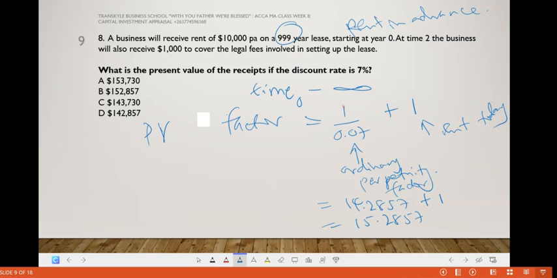We then have to multiply this by the income. The income is 10,000 for the perpetuity, so multiply by $10,000.